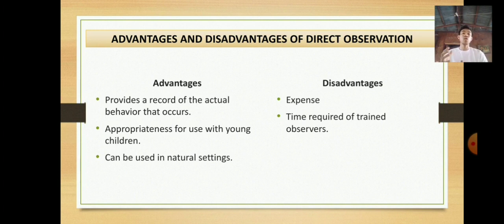Yung mga nag-observe mismo dapat well-trained sila. Kaya nga, expenses, syempre, pag seminars, yung mga ganon na bagay, yun yung pinaka paglalaanan nila ng pera kapag mag-observe sila. So, yun lang. Advantage at saka disadvantages.